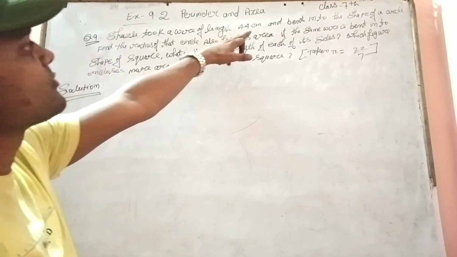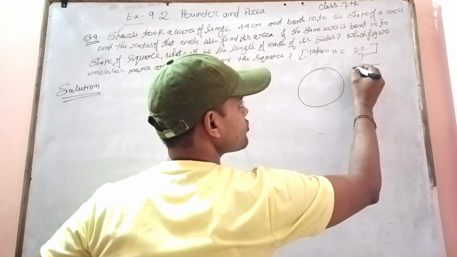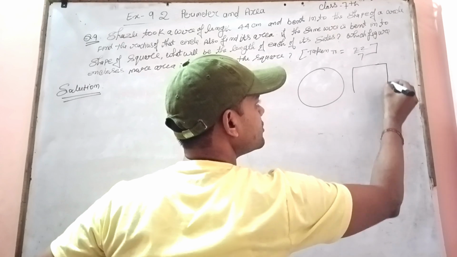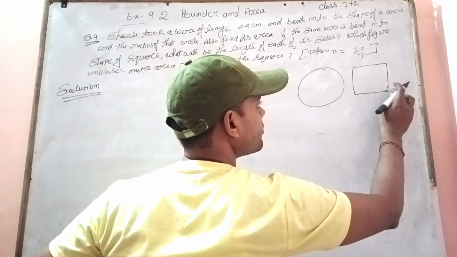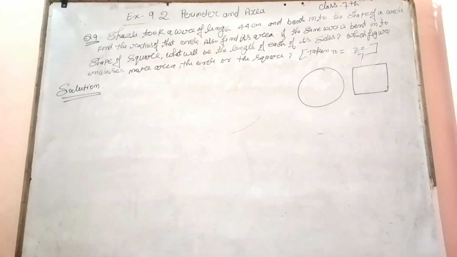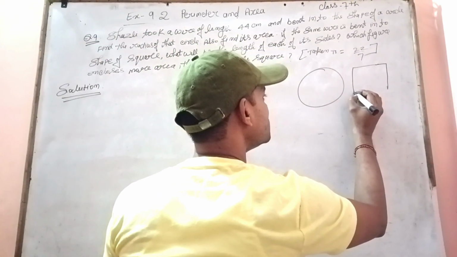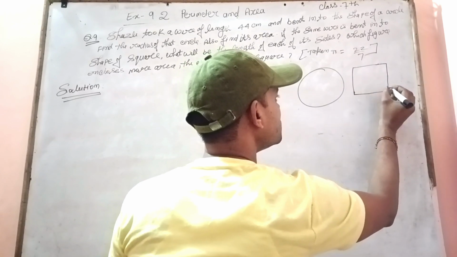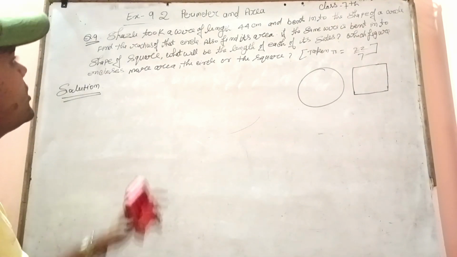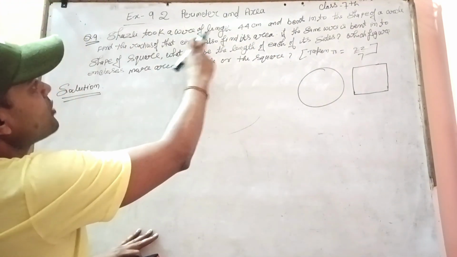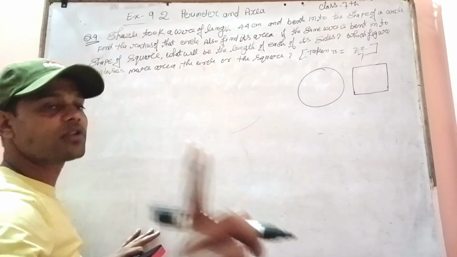Sajli took a wire of length 44 centimeter. This is a circle, and second is a square. The wire is bent into the shape of a circle, that is, the circumference of the circle is 44 centimeter.